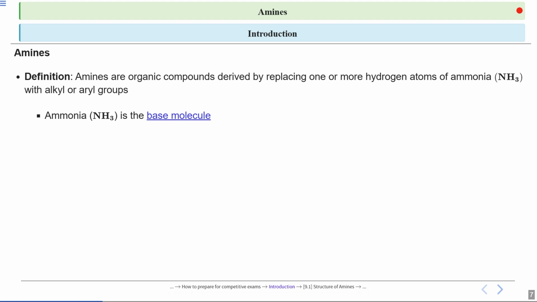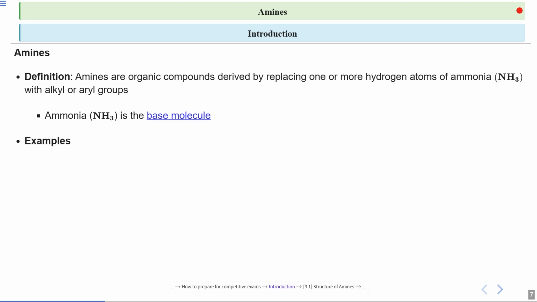Ammonia, NH3, is the base molecule for all amines. You can think of ammonia as the starting point, and by changing its hydrogens for other groups, you get different types of amines.